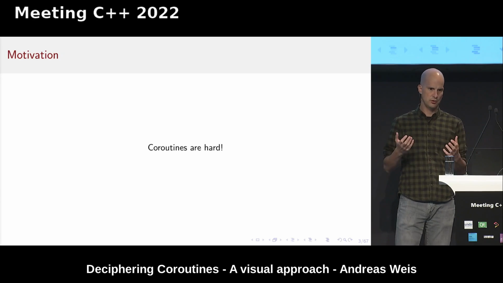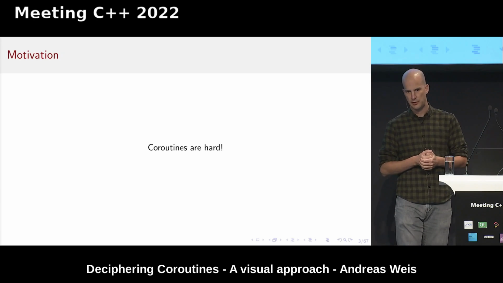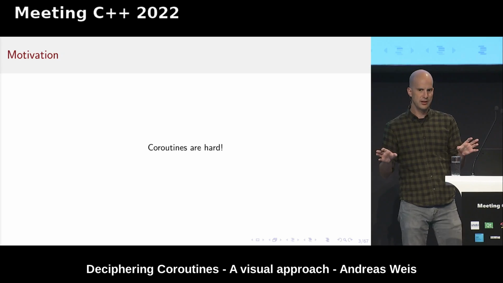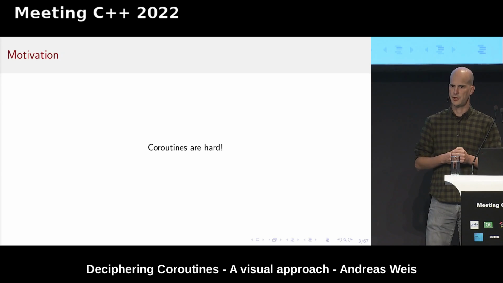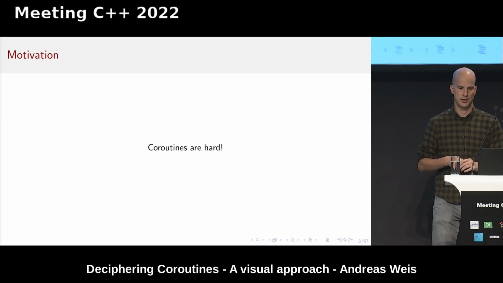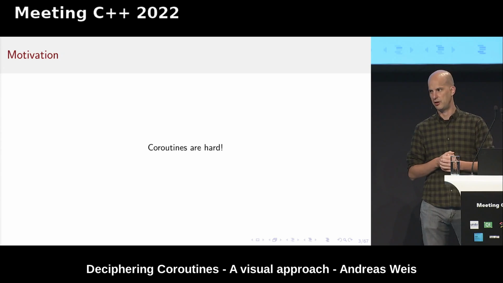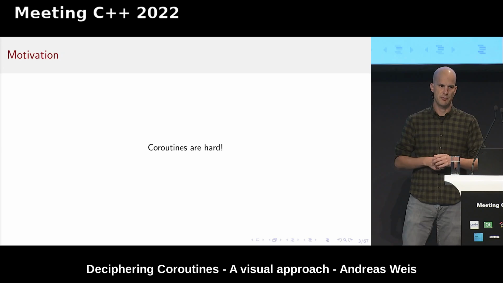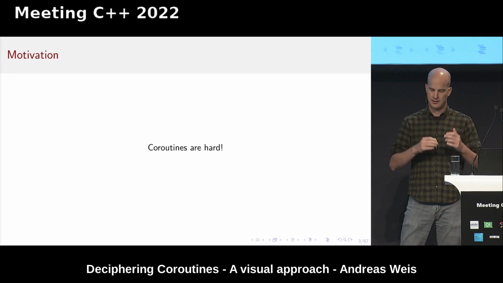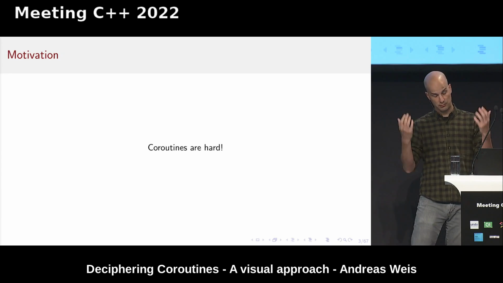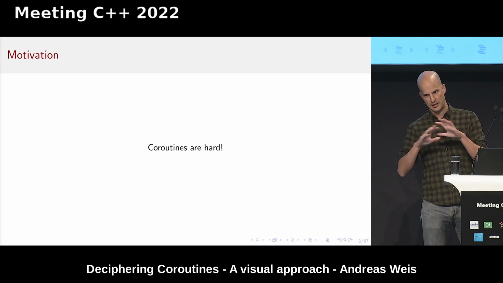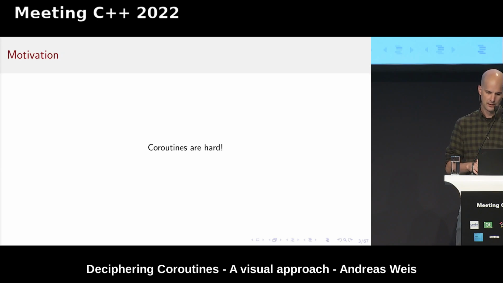If you just want to use coroutines as they are provided by a library, then you actually don't need to care about most of this. So this is really about the guts of the language features, which also means we have to look at all the really complicated parts. But don't get scared away by this if it's too much to take in. If you just want the user's perspective, then most of this actually doesn't matter. But we're here to look at all the technical details.